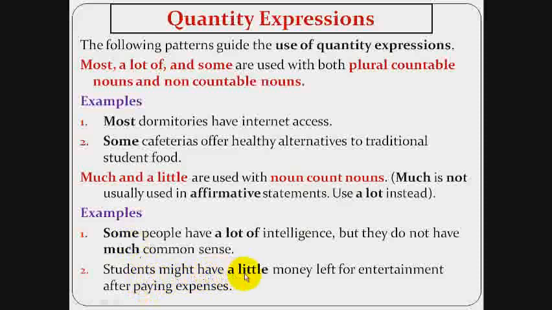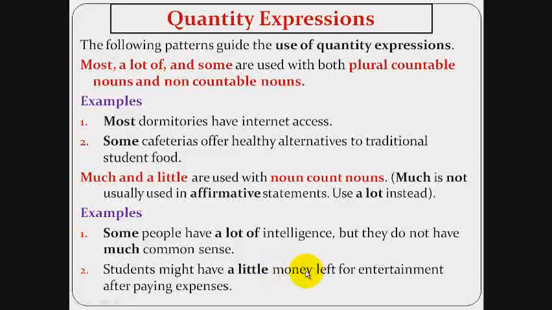Students may have a little money left for entertainment after paying expenses. Look at this one, a little money. This is an affirmative statement. Money, is it a countable or uncountable noun? Money is an uncountable noun. It is exceptional from countable nouns.